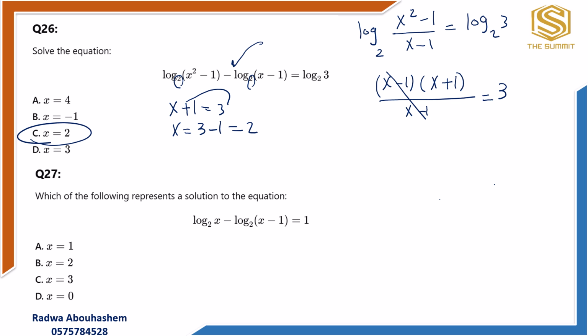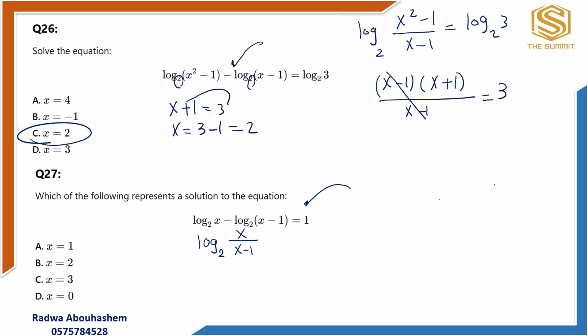Which of the following represent a solution? Let me check here. Again, the same base. And we have a subtraction sign, so they were dividing. So log 2x over x minus 1. But I don't have a log here, right? Do you remember what log will give you an answer of 1? If you have a log with a number equal to the base.